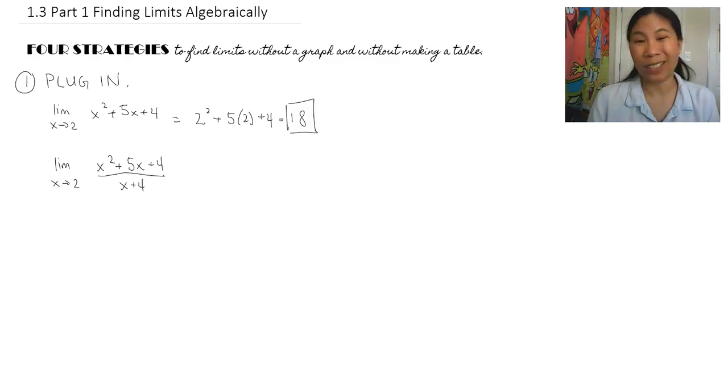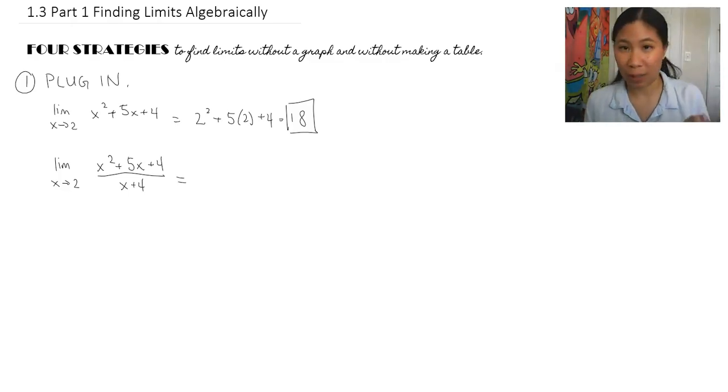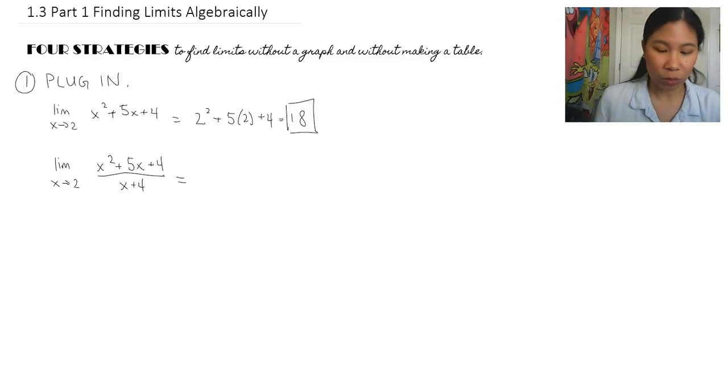If you ended up with 0 on the bottom when you plugged in, then that would not be allowed. Or if you break any other rules, like dividing by 0, which you can't break, or taking a square root of a negative number, which you can't do. So those are the instances where you can't just plug in.